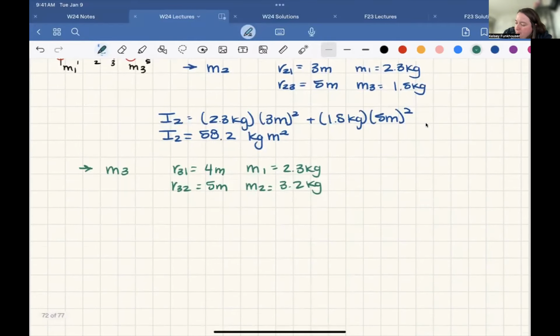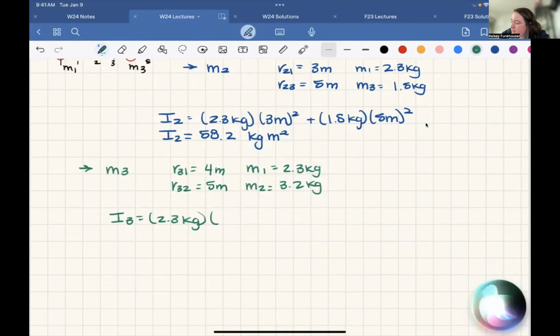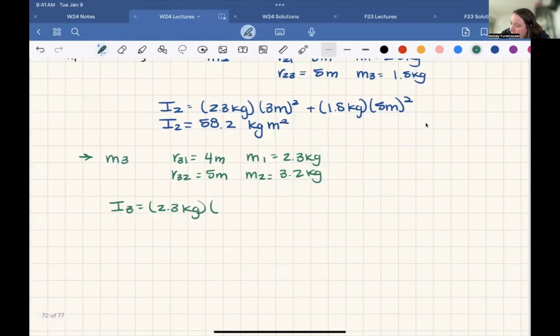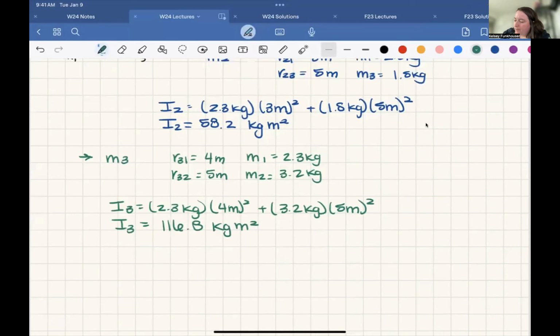Okay, so same equation again, but just different variables we're plugging in. 2.3 kilograms times 4 meters squared plus 3.2 kilograms times 5 meters squared. And this one is 116.8 kilogram meters squared. So that's much bigger than the other two.